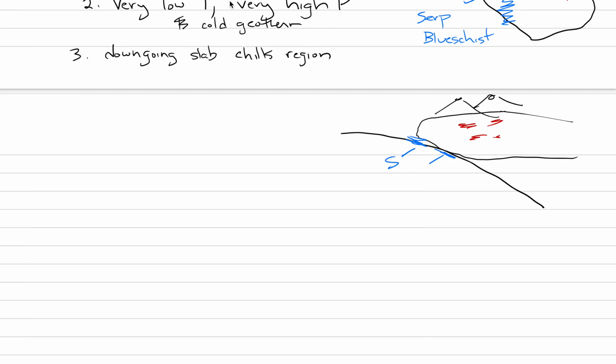Here's where we form our blue schist, and even deeper down we'd form our eclogite. So when we see these two things near one another in some exhumed terrain, we'll say, this is most likely to be a Franciscan zone. So let's say mafic protolith.